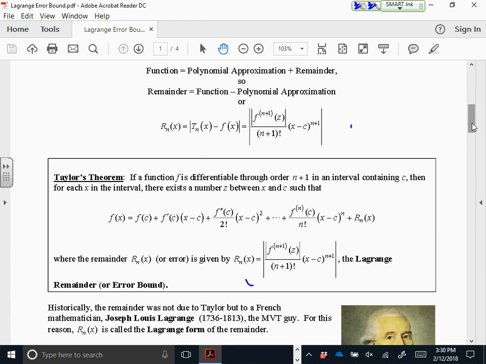What I want you to think about, just like we did with the alternating series error, is that this is the next unused term. The only difference is we want to maximize our next derivative. I want to show you the different ways we need to think about that.